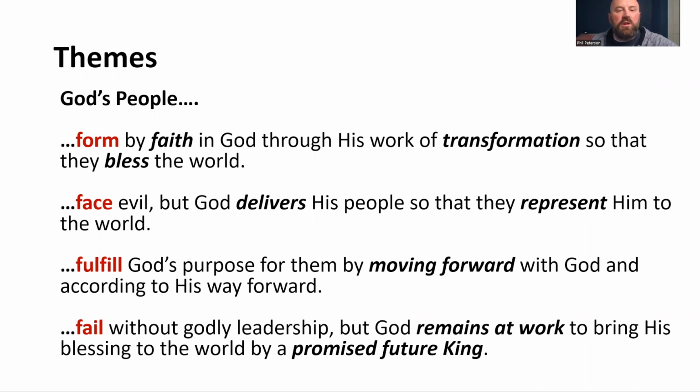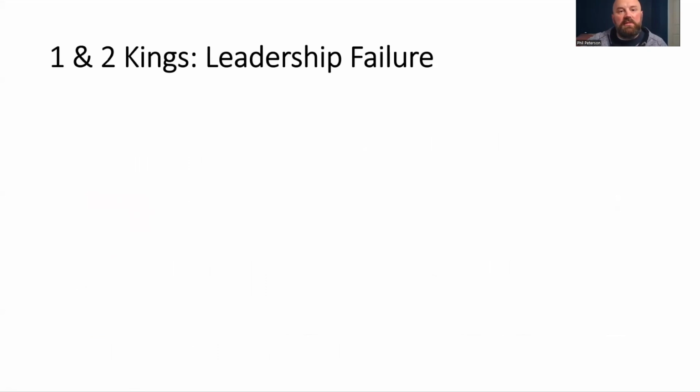David is the hopeful reminder that God's going to unite his kingdom and that they're called to bring this leadership. He's their leader at that time, but it highlights the need for leadership to move into the future. So I want to now transition to a summary of 1st and 2nd Kings, which is looking at the unfortunate result of ungodly leadership, which is leadership failure.